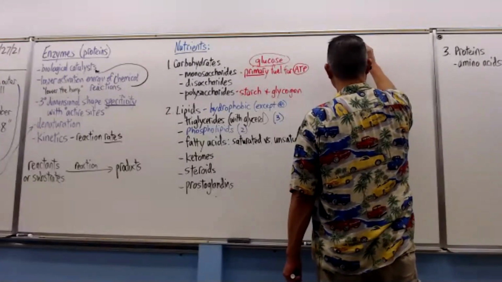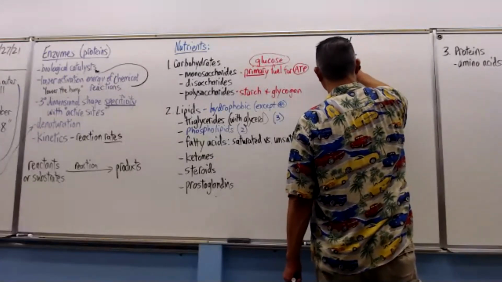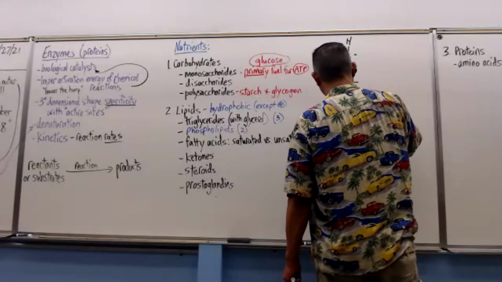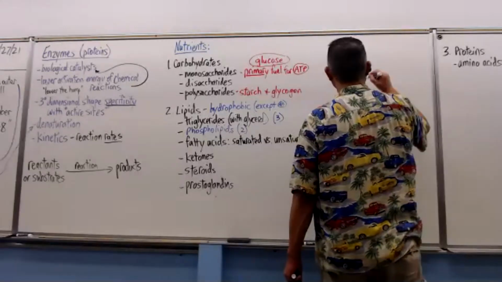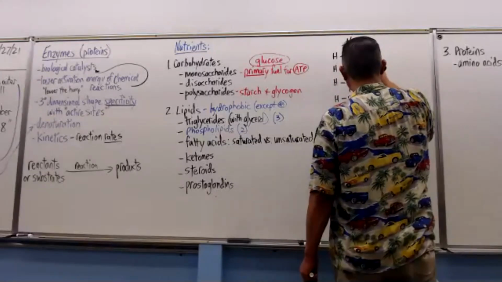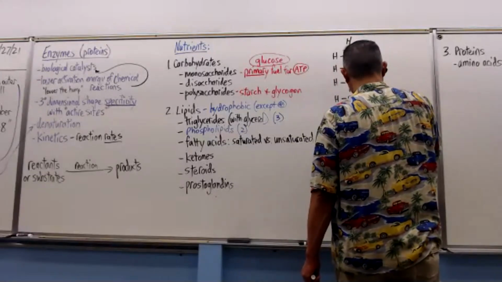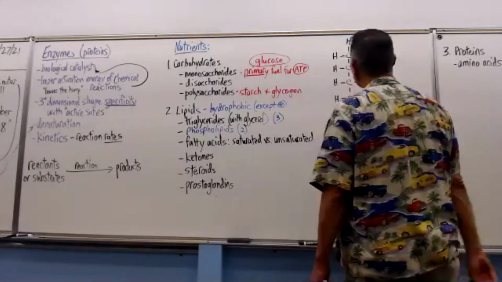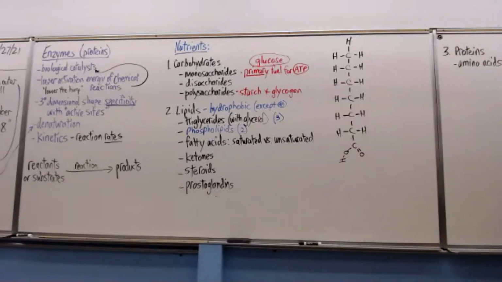But I drew something like this in week 1 when I was talking about hydrophobic and how this whole thing is actually considered symmetrical. Okay, everybody see that? Does that look familiar from week 1? Except for the carboxyl group on the end.